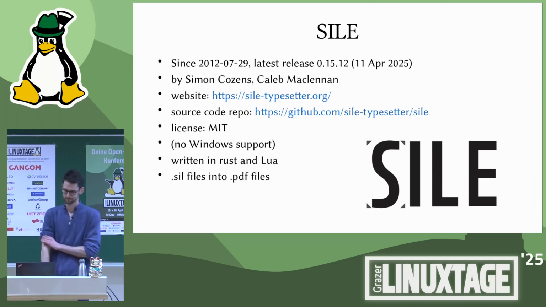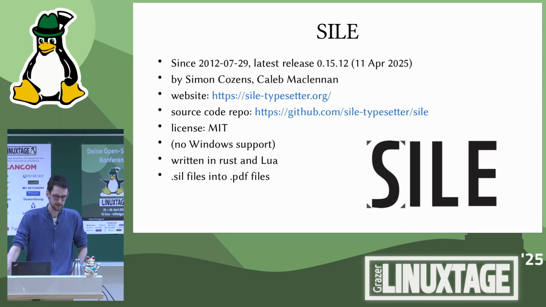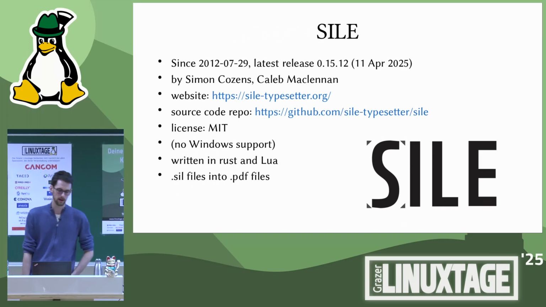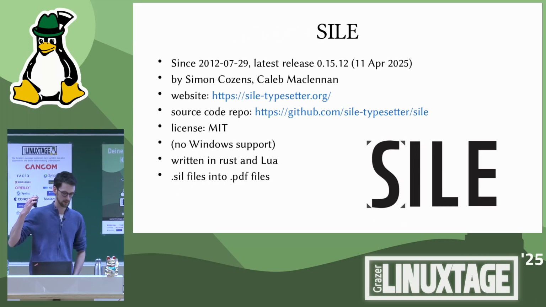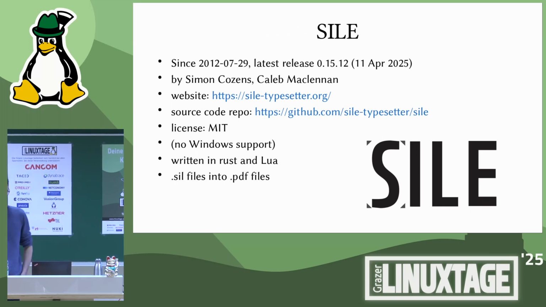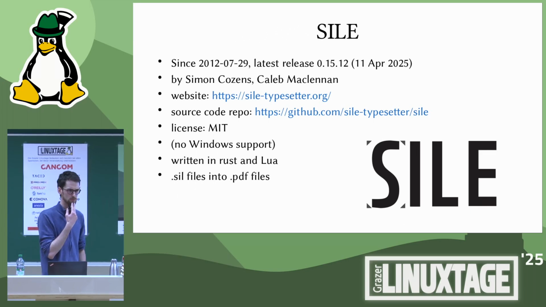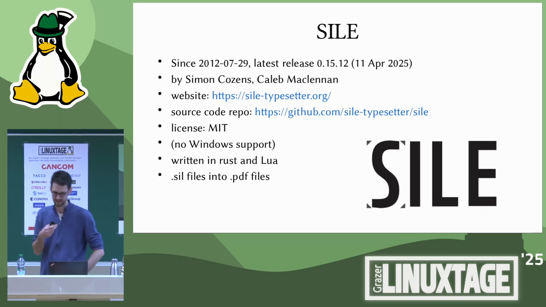Nice. Next software, SILE. Now 1 year later, in 2012, SILE was introduced. It was written by Simon Cousins, and SILE is now maintaining it. And it's an MIT licensed software, and it's just that there is no Windows support. I'm not sure there is any technical argument against Windows.